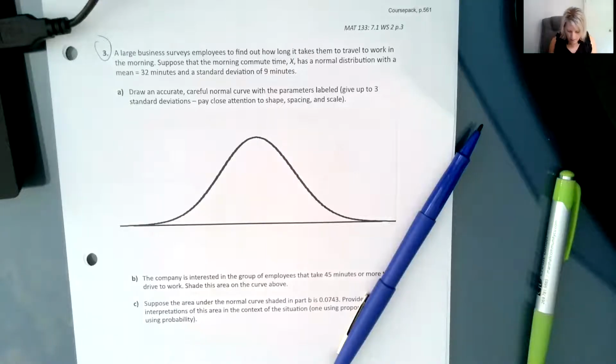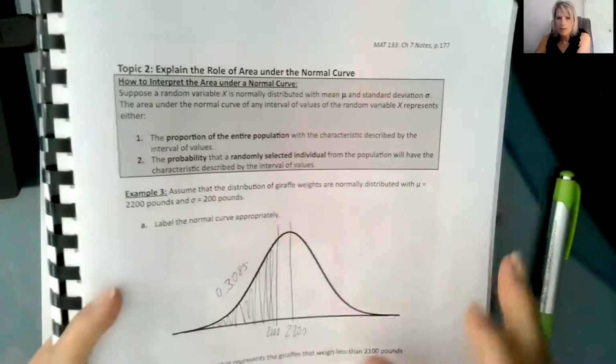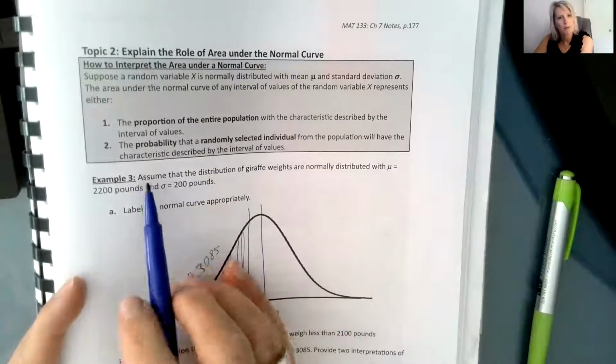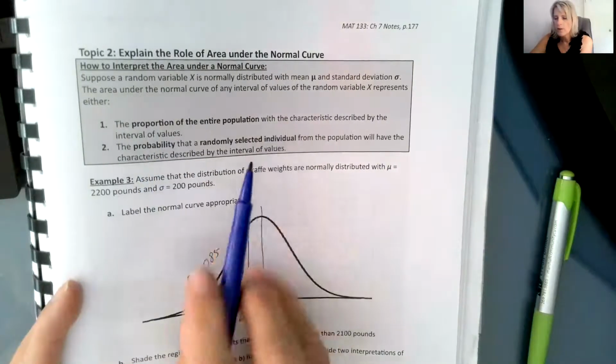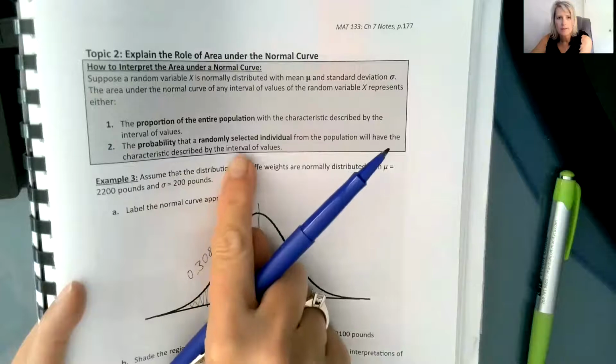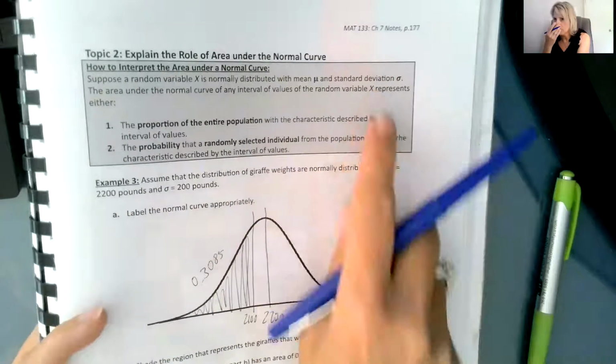It is on page 177 in your course pack. So on page 177, it talks about the two ways to describe probability. One is using the entire population, and one is describing it as a single individual. Okay, so refer to page 177 for practice as well.